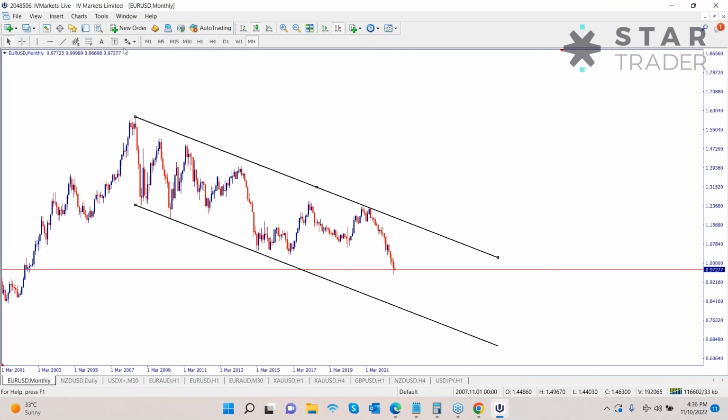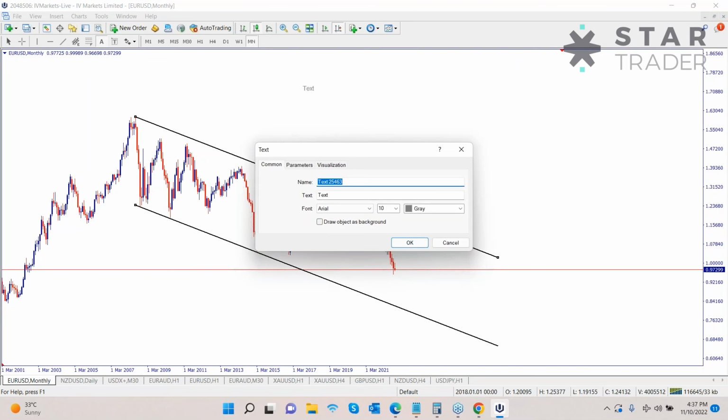Now, for example, this is the Euro USD chart. I just want to make some notes on the Euro USD chart. So how can we make it? Just simply go to the text and draw the text. You can name it, for example, important point, and simply write your text.